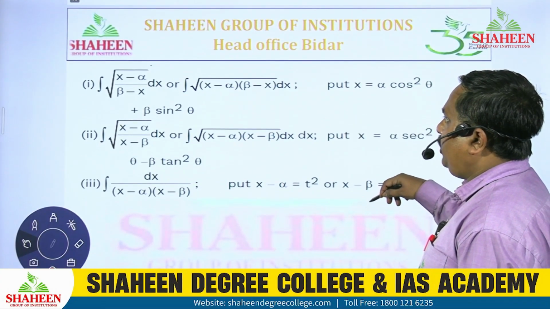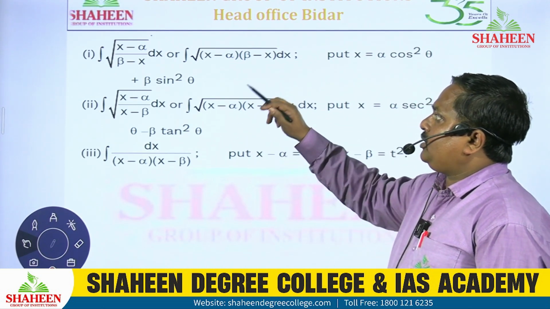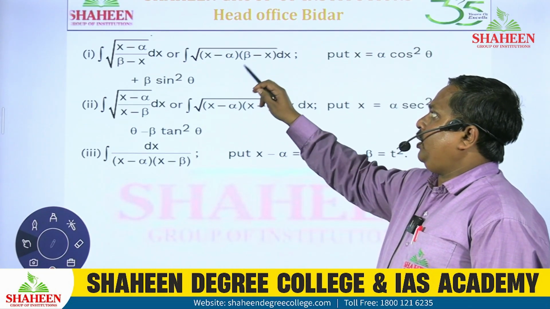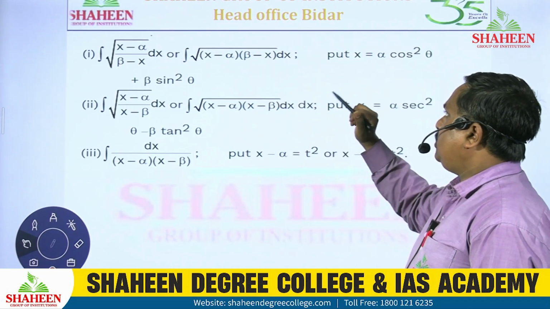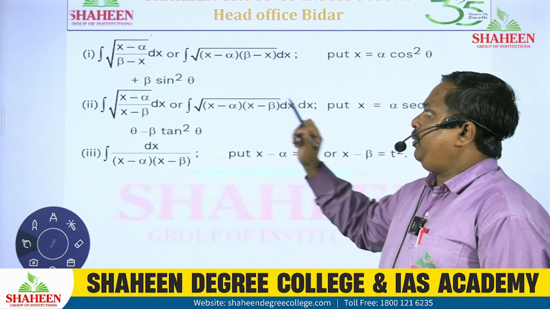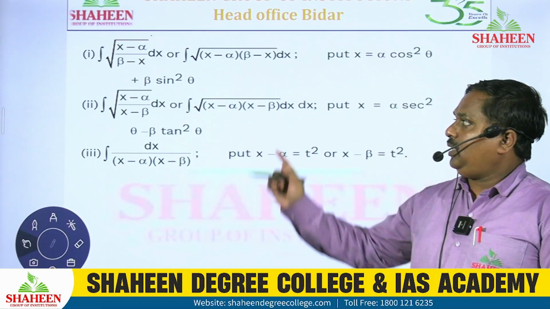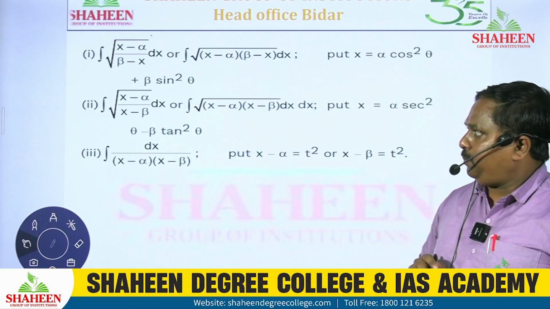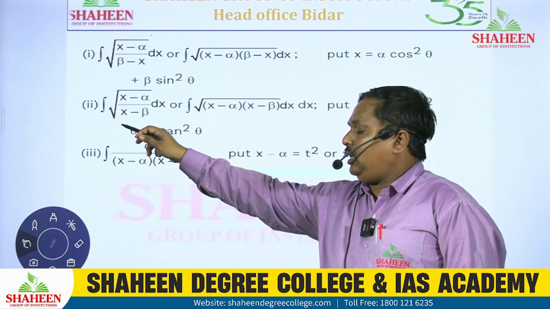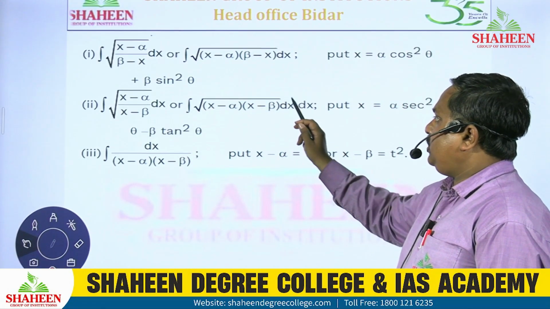Next, we have some integral types, that is, the integral of the square root of (x minus alpha) divided by (beta minus x), or the square root of (x minus alpha)(beta minus x). Then we substitute x equal to alpha cos^2 theta plus beta sin^2 theta. Suppose we have (x minus alpha) divided by (x minus beta) under the root, or (x minus alpha)(x minus beta) under the root.